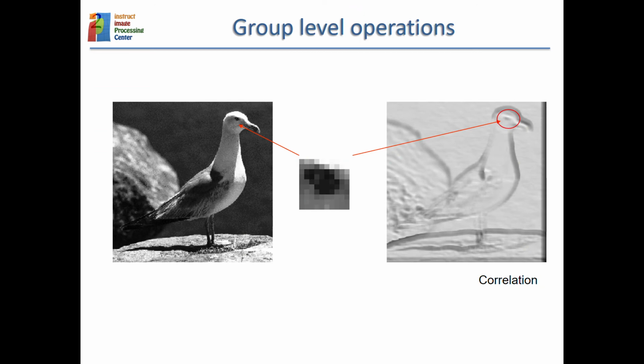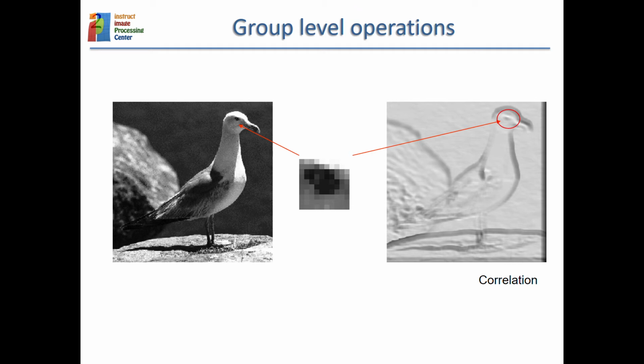Another nice application of the convolution is that if you convolve with an object that you are looking for, then the output of the convolution will tell you where the maximum is, what that object is.